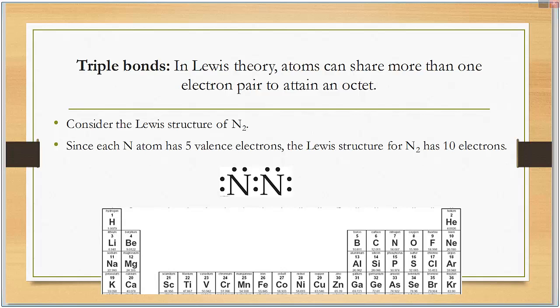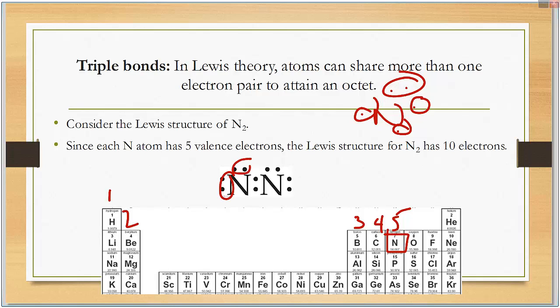Consider the Lewis structure for N2, where N is right here. It's in the 5th row. So therefore each of them has 5 electrons around it. 3 singles and 1 double. The Lewis structure for N2 has a total of 10 electrons. 2, 4, 6, 2, 4, 6.